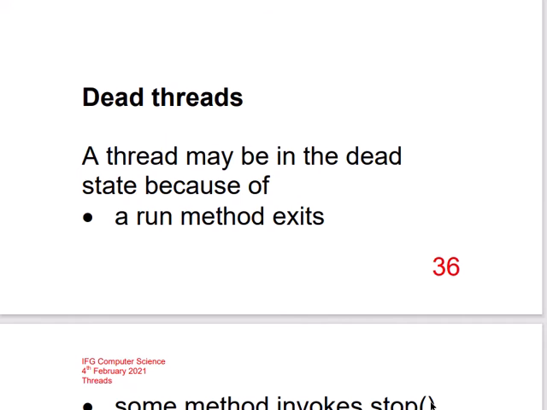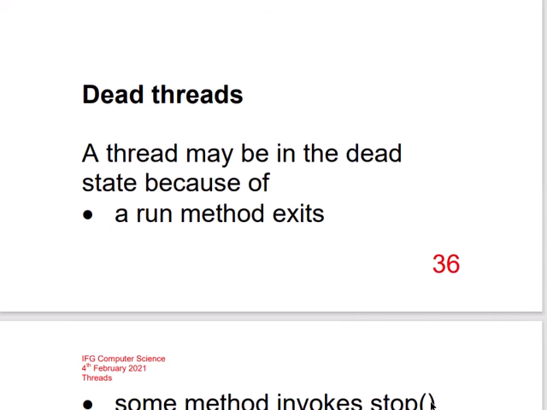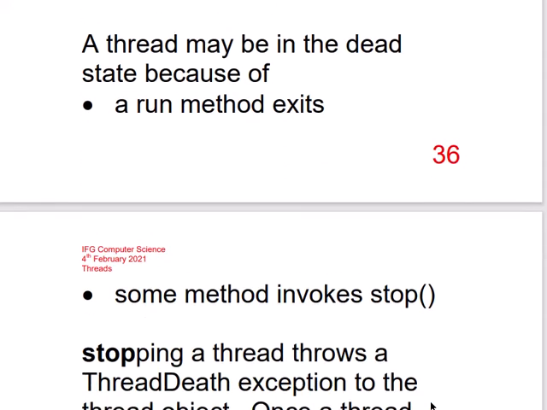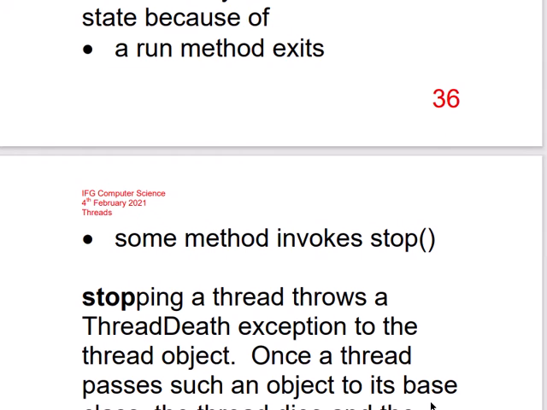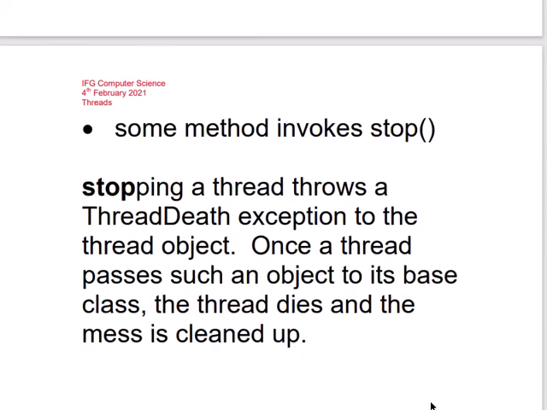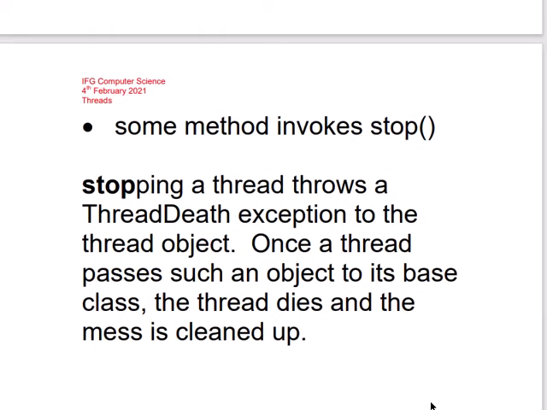A dead thread might occur because a run method finishes, or because I'm actually telling that thread to stop. Executing stop on a thread will throw a thread death exception to the thread object.